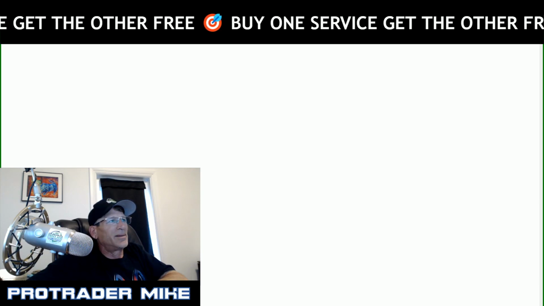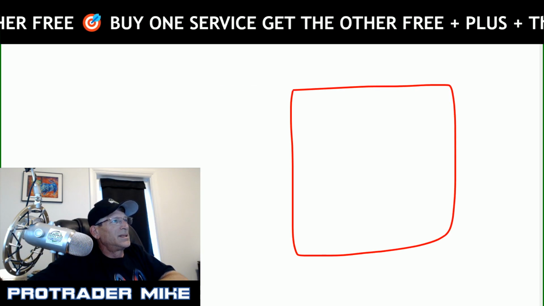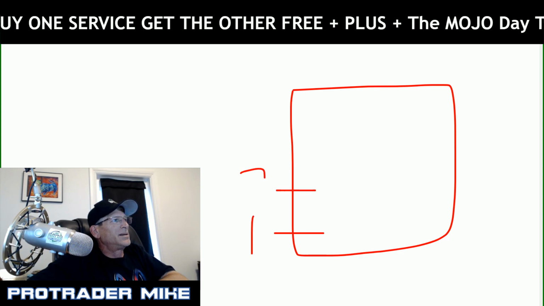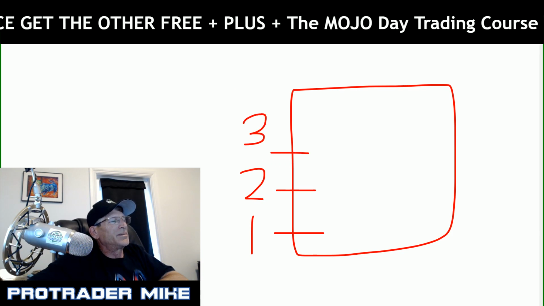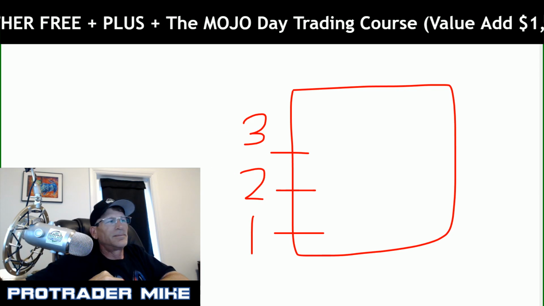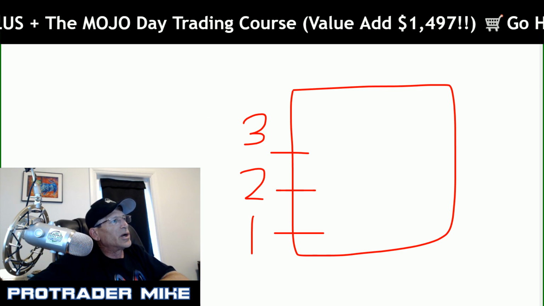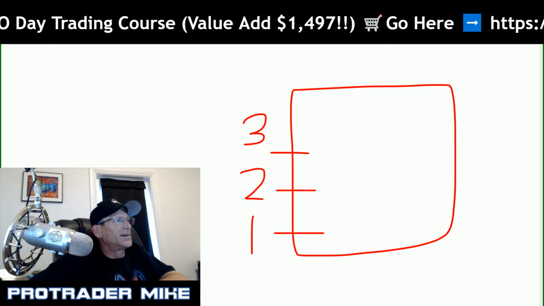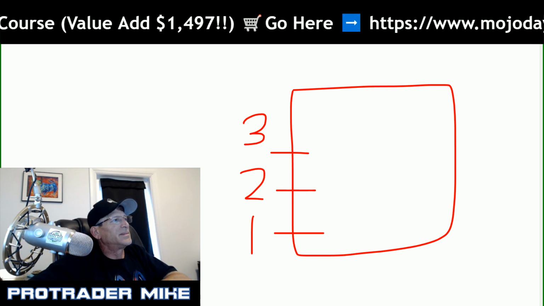Now, here's the pool of people. You got level 1, level 2, and level 3. And this is what happens with very large chat rooms, ones with thousands of people, not ones you can count on one hand. They don't do anything, like my chat room.